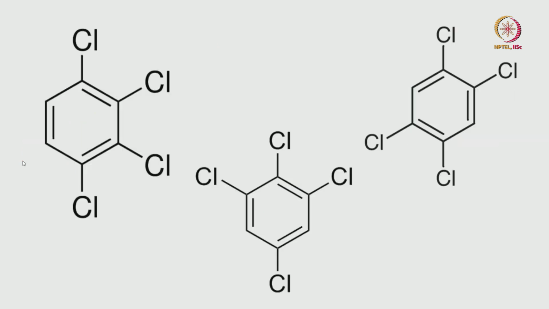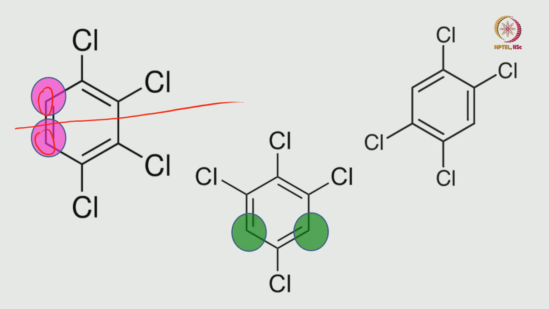And if you go to tetrasubstituted benzenes, in this case we have a symmetry axis here. As a consequence, this proton and this proton both are identical, chemically equivalent. It is going to give you a single peak. Then what about this molecule? This molecule also has a center of symmetry here. There is a C2 axis. Nevertheless, this proton and this proton both are chemically equivalent.